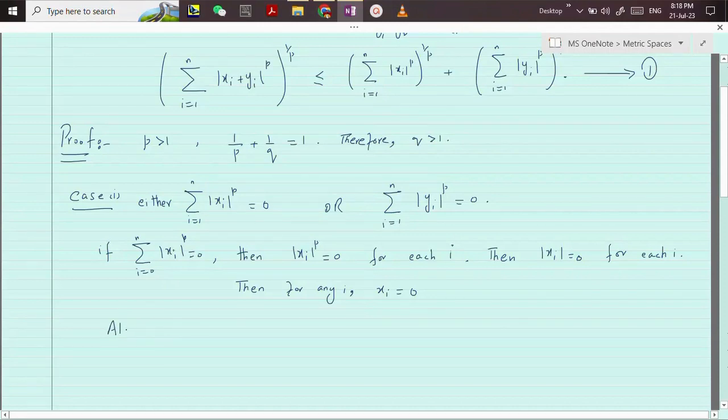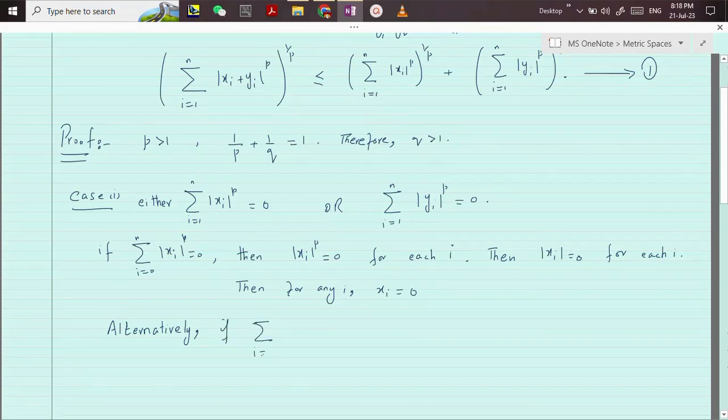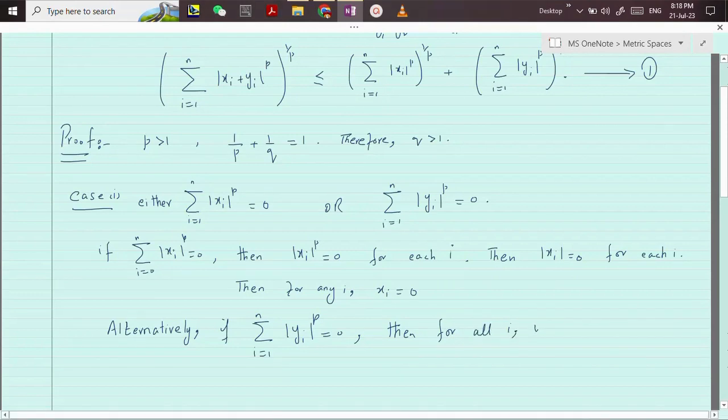I just write here alternatively: if summation i from 1 to n mod of yi power p equals 0, then for each i, or for all i, yi equals 0.